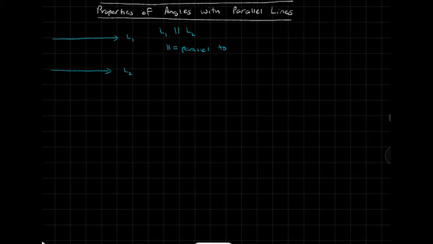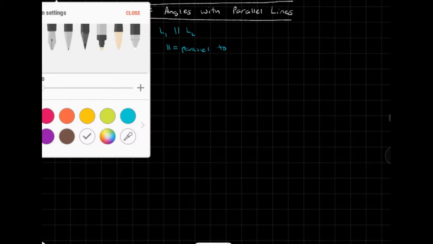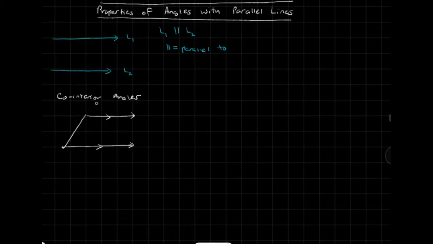Now the first set of properties are what we call co-interior angles. So what are co-interior angles? Well, if you have two lines, right, like that, and then this line is parallel to this line, right? In this case, these two angles, we'll call this angle alpha, angle beta, these two angles will add up to 180 degrees.